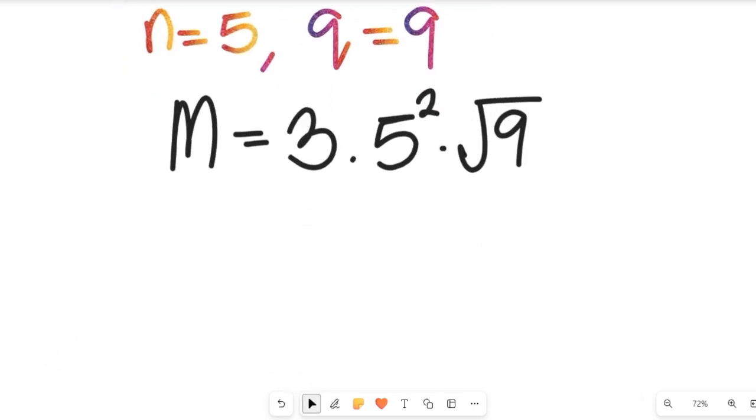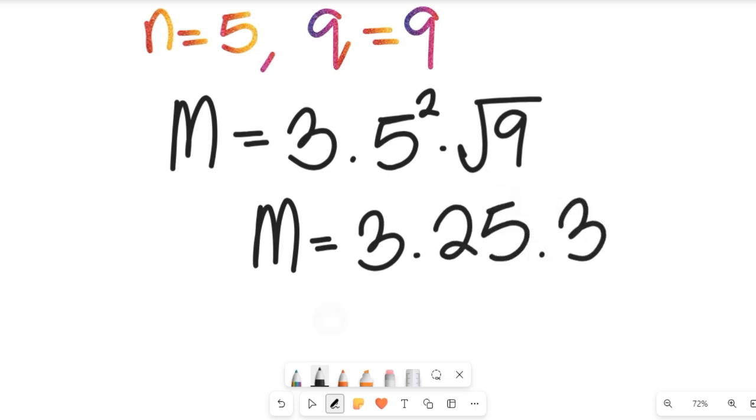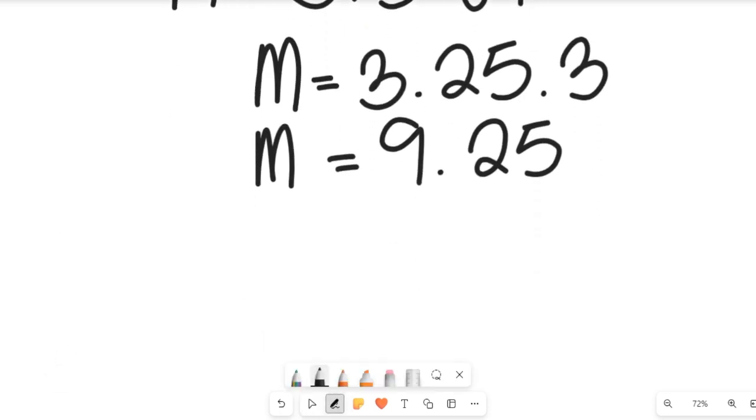And the square root of 9 is going to give us 3. So we'll have m equal to 3 multiplied by 25, because 5 squared is 25, multiplied by 3. And this will give us 3 times 3 is 9 multiplied by 25.